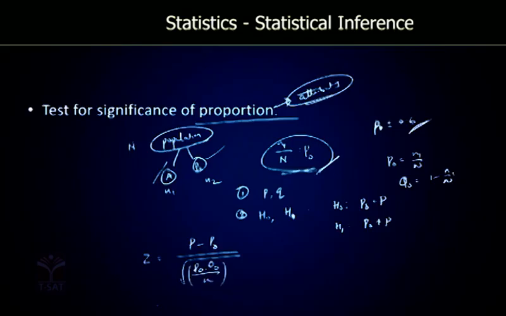So p0 q0 is what we found from the given data. The p is the value that is given, the assumed one. Now we are testing whether the proportion p0 is significant to the given proportion p.